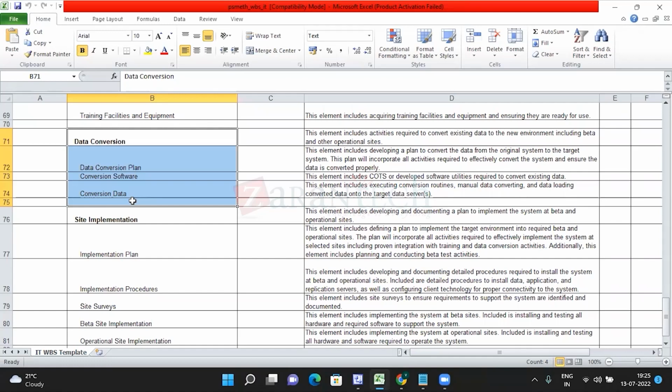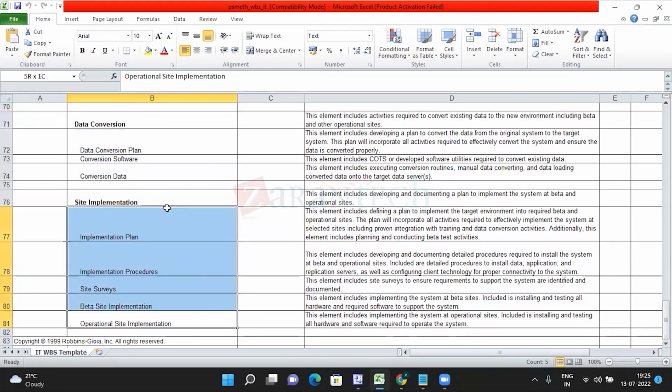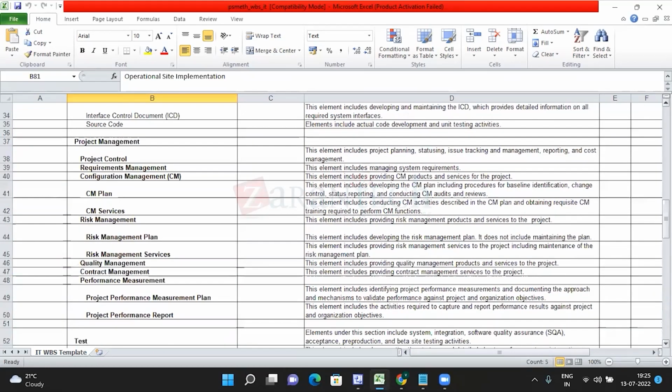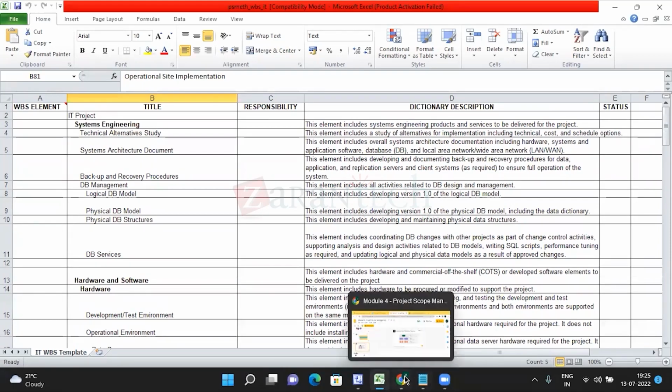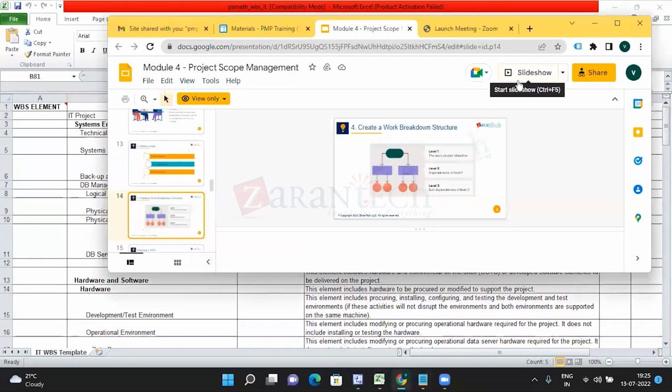Therefore, the need for data conversion. And how you're going to implement this, which sites or locations we are implementing, all these parts. This is part of the work breakdown structure. Therefore, you are creating this work breakdown structure as part of this.